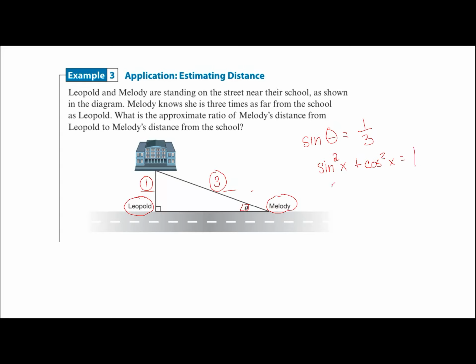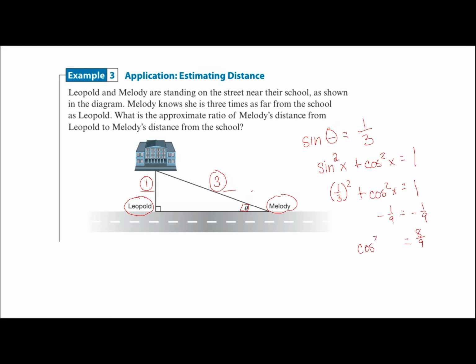We know that the sine is equal to 1/3. We need to square that, and cosine squared of x is what we want to find. If you square 1/3, we get 1/9. So you subtract 1/9 from both sides, and you will get 8/9 on this side.